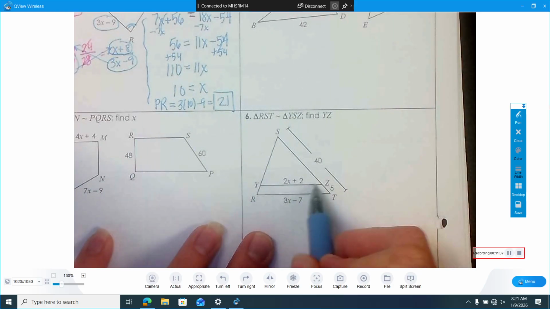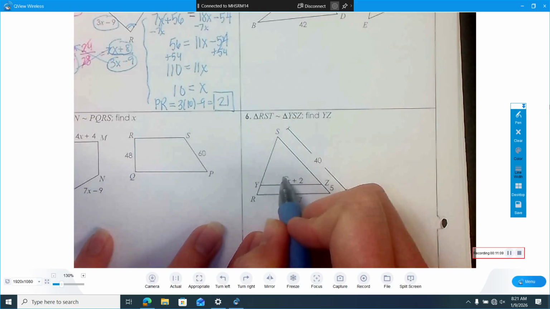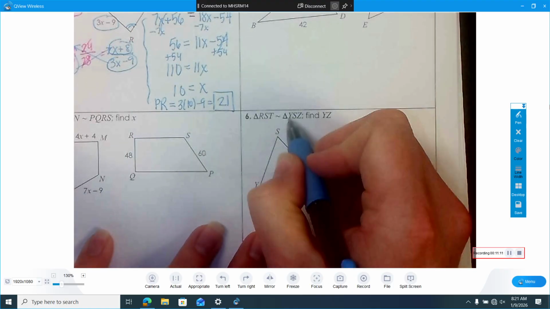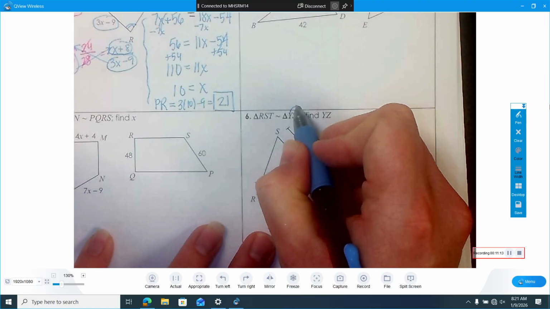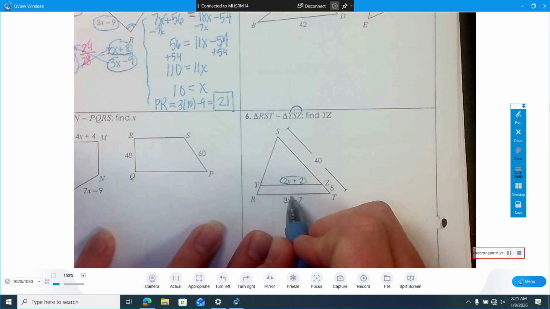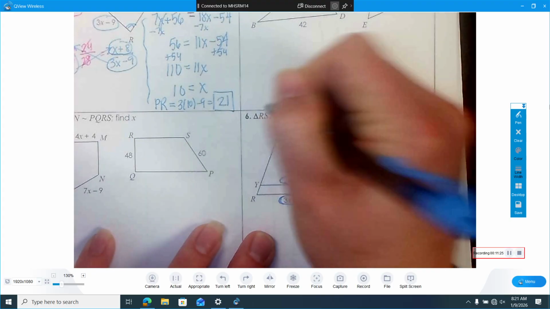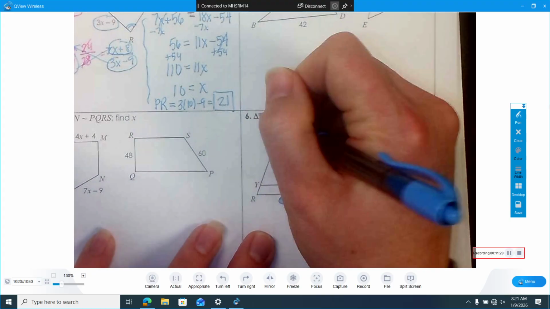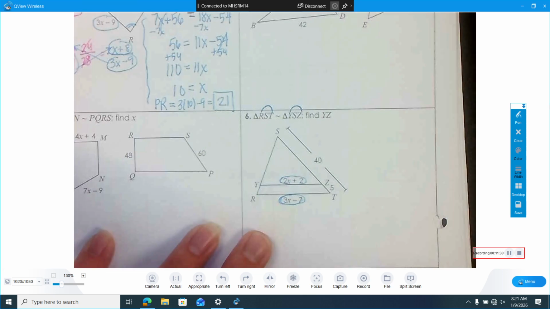I have information about side YZ. YZ is right there. And on my similarity statement, YZ is similar to 3x minus 7. So that is RT. So there's a pair of corresponding sides.